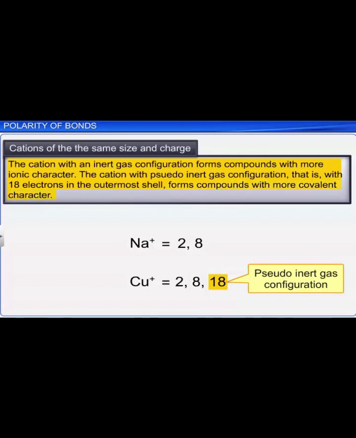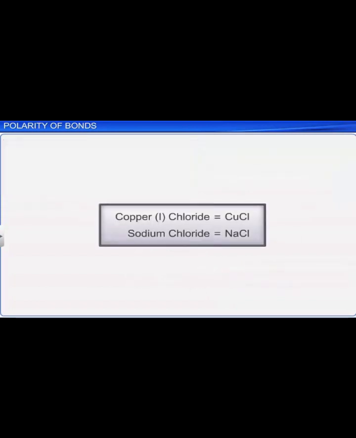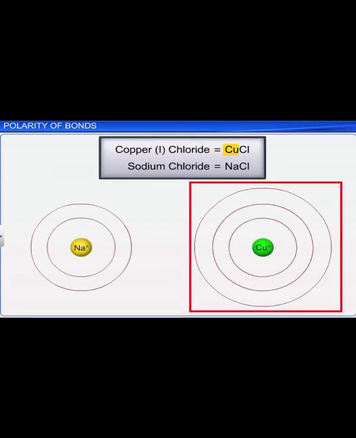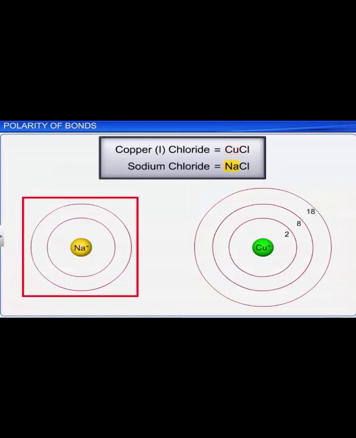For example, copper(I) chloride is more covalent in nature as compared to sodium chloride. Copper ion with pseudo-inert gas configuration has an electronic configuration of 2, 8 and 18. Sodium ion with inert gas configuration has an electronic configuration of 2, 8.